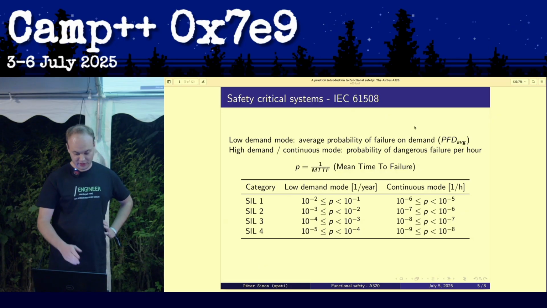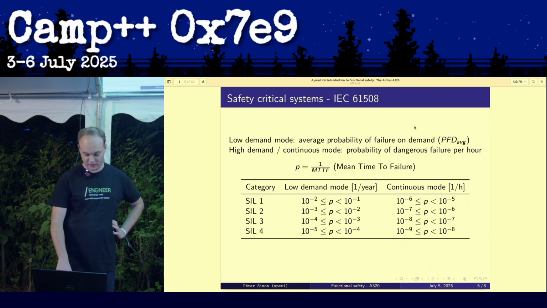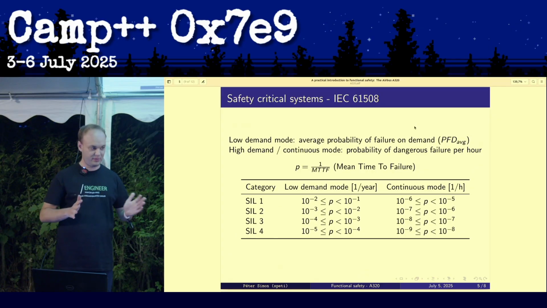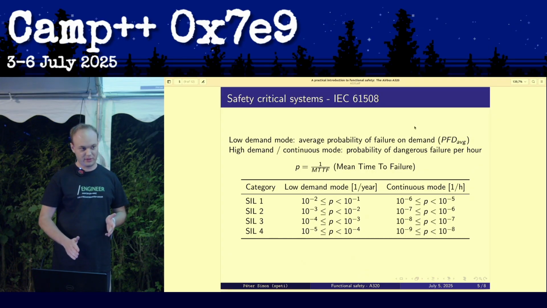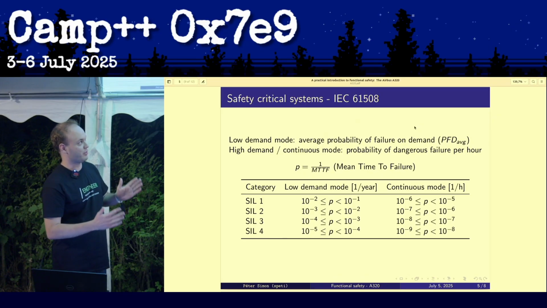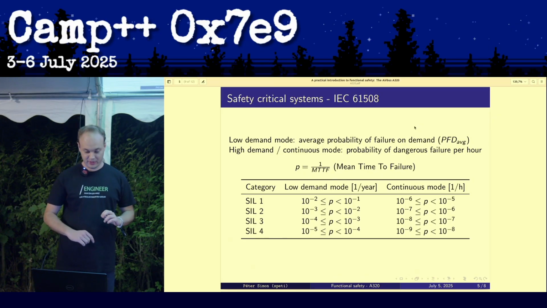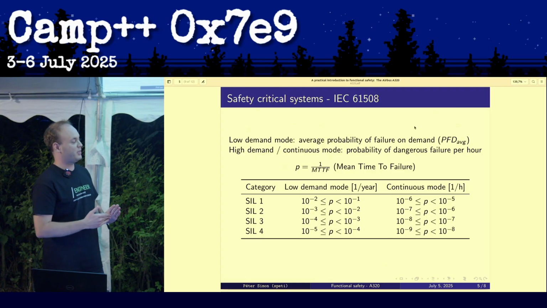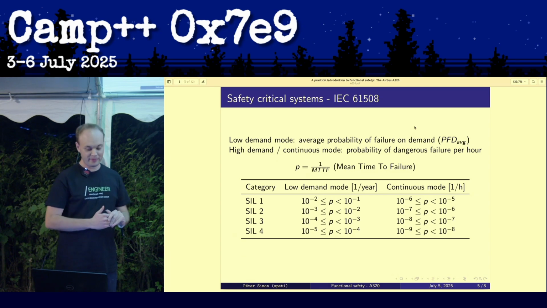And you can notice that I have two different representations for these. They're basically the same, but one is expressed as probability of failure during 1 year and the other in 1 hour. This is because certain systems might work in different ways. For example, if you have a system that operates continuously, then you use the hour representation.